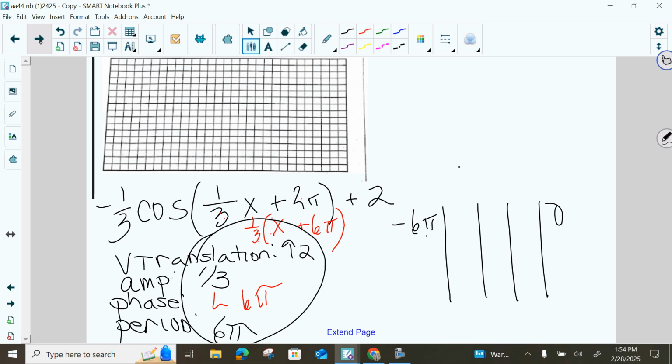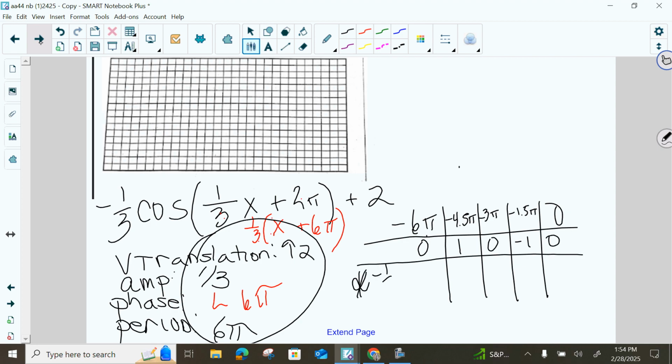And then isn't dividing by 1/3 the same as multiplying by 3? Yeah. Yep, cosine, guys.